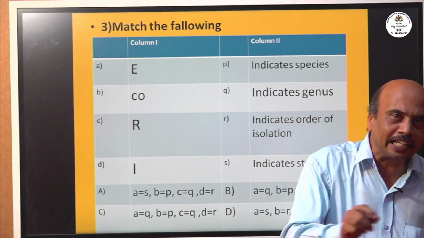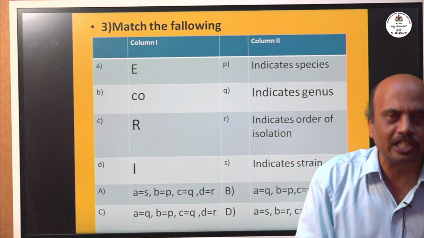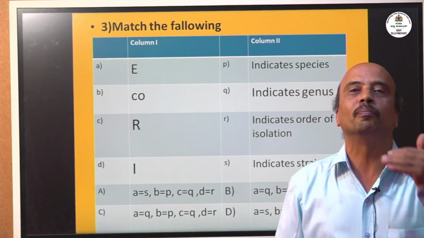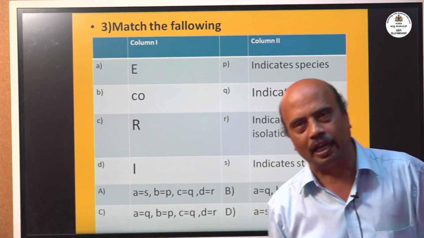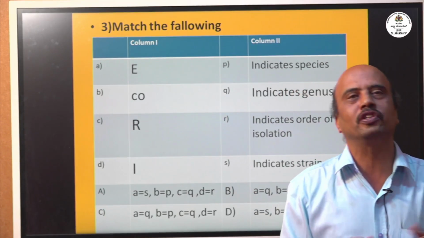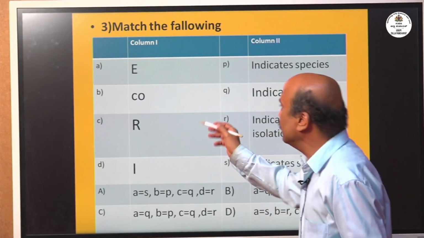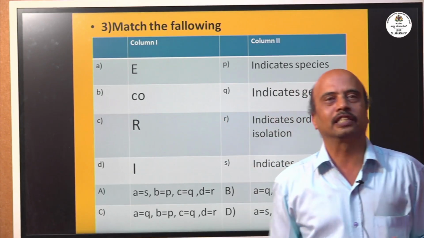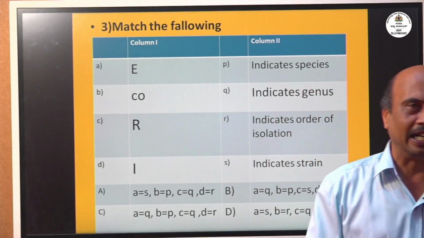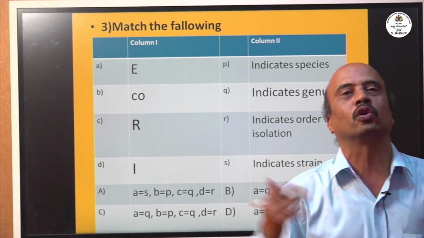The first letter is taken from the genus from which it is isolated. The next two letters are taken from the species. Then the strain letter, for example R, d, and then the Roman numeral indicates the order of isolation.